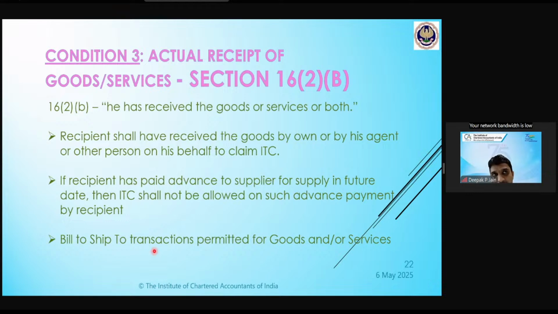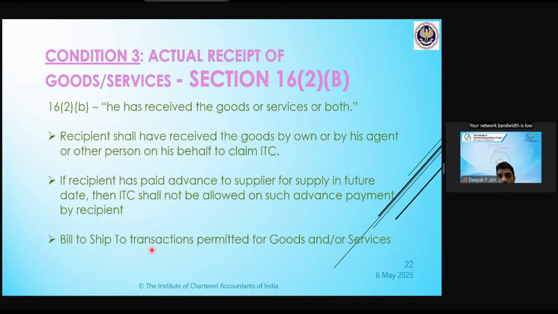And the third exception is in case of bill to ship to transaction. You have billed to me but shipped to somebody else. He has received it, I have not received it, but even in that case, it will be treated as constructive receipt, because on your instruction, the supplier has supplied to the third person.